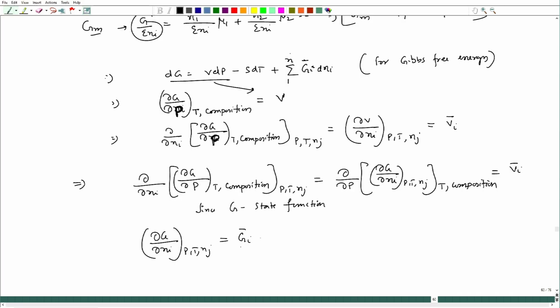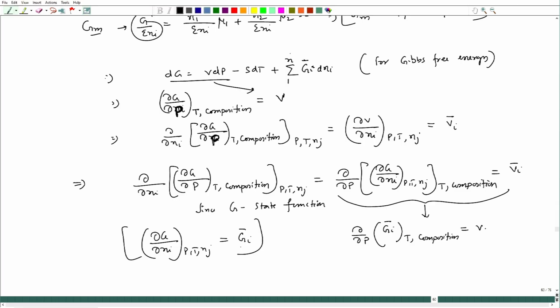So, this part I can write as equal to Vi bar.